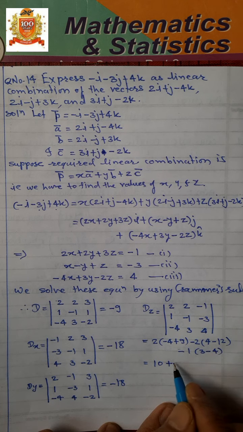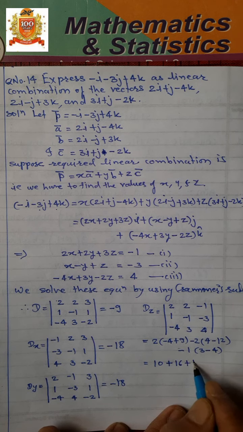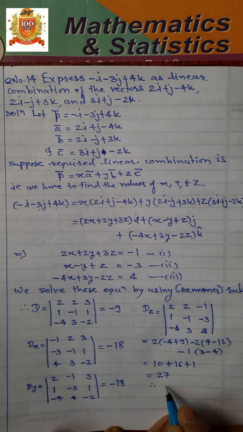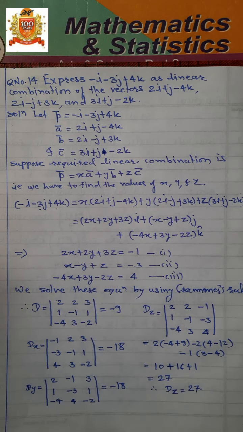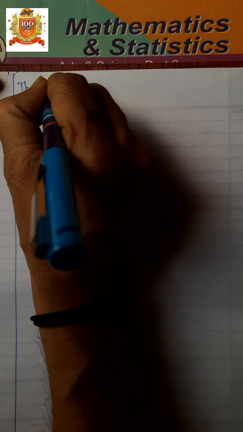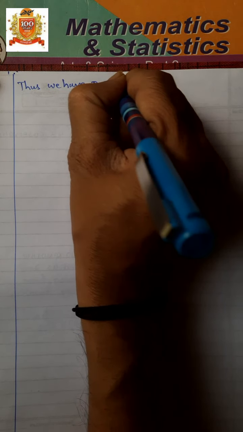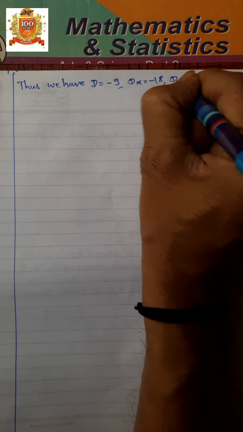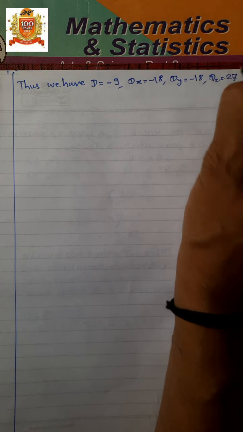How many remaining? 8. 8 twos are 16. And here minus 1 is remaining, plus 1. Minus minus, that is equal to 27. Therefore, Dz is equal to 27. Isn't it? Thus, we have D is equal to minus 9, Dx is equal to minus 18, Dy is equal to minus 18 and Dz is equal to 27.